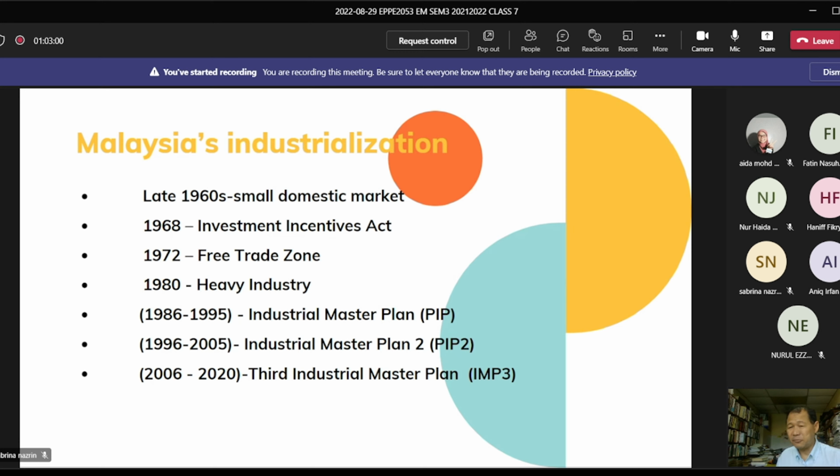So at that time, it was simple manufacturing, not the heavy industries. So I want to share with you, not yet, there's another one.